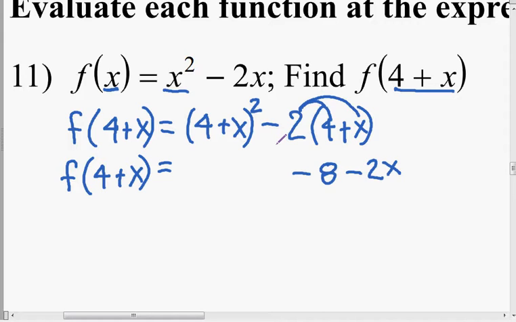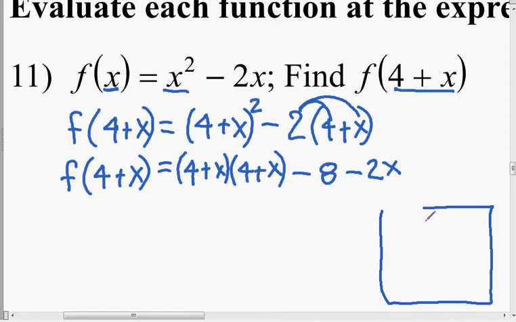To do 4 plus x squared, I'm first going to write 4 plus x times 4 plus x. 4 plus x squared literally means 4 plus x times 4 plus x. Now, I'm going to do the area model. If you like to do FOIL, you may.